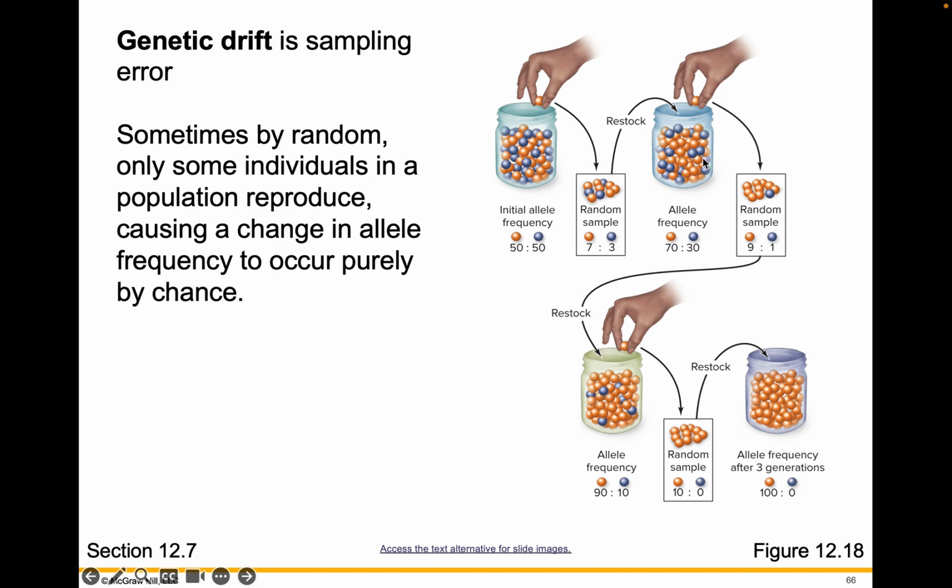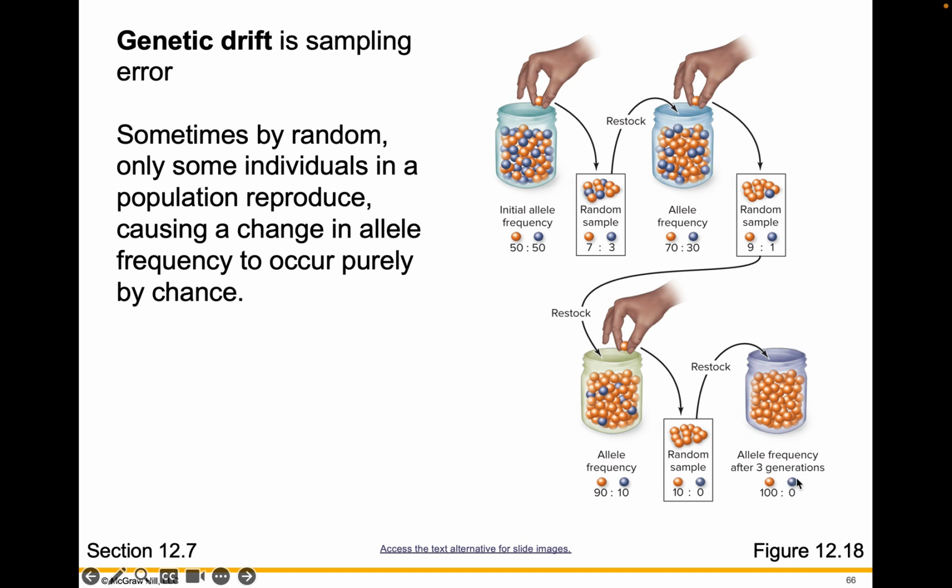And then from there, you'd stock another jar with that allele frequency, 70 reds, 30 blues, and then you sample again. This time, say you might end up with 9 reds and 1 blue. Restock the jar again, and then you can see after just 1, 2, 3, by the time we get to the 4th generation, the allele frequency has changed entirely, right?